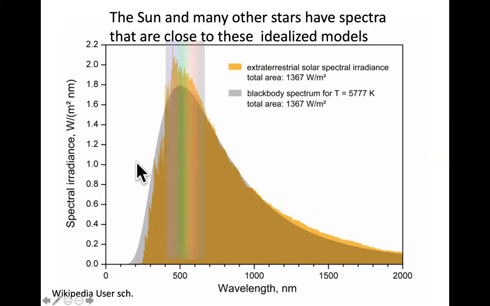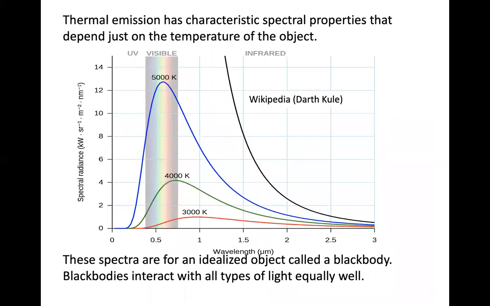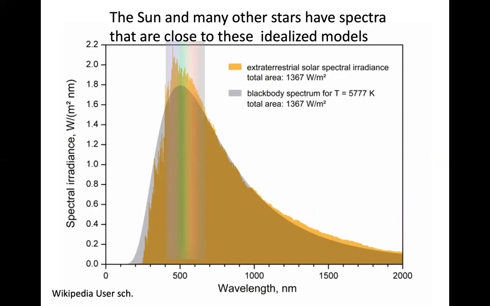Now, they're not exactly the same, but they match fairly closely. And this is true not only of the sun, it also is true of other objects, like that glowing metal bar that we talked about. So this model is actually fairly useful.